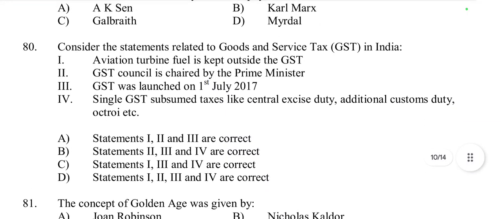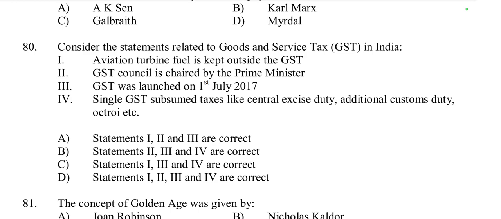Then today's last question. Consider the statements related to GST, goods and service tax in India. First one: aviation turbine fuel is kept outside the GST. Yes, this is correct, because aviation turbine fuel is not covered under the GST; it is instead subject to central excise duty and state value-added tax.